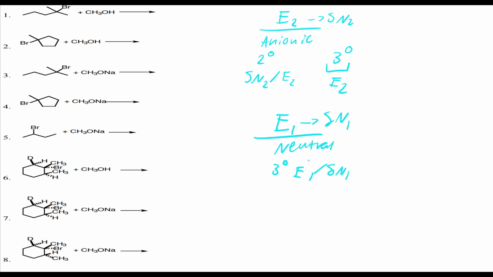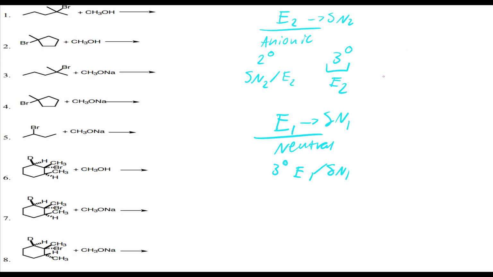So E1 could also be for tertiary or SN1, and so really you're going to be competing for preference whenever you do a reaction. You're going to have to figure out which one is more preferred, but you're always going to have a competition between E1 and SN1. But what happens when you do a reaction with an E2 or E1? Well, we're going to have to find out.